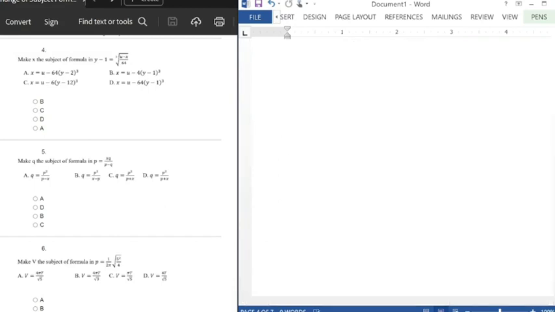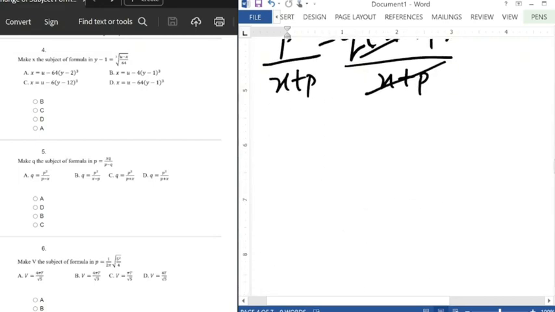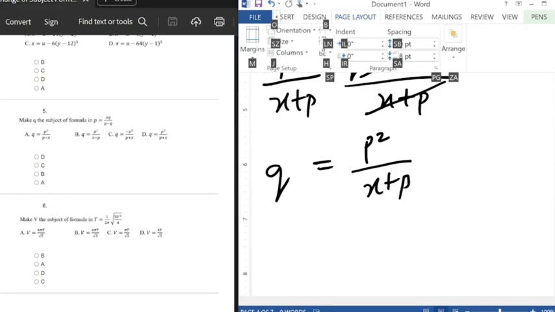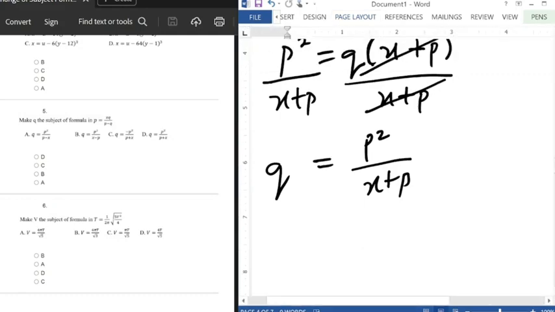So our answer, sorry for that, will then be Q equals P squared all over x plus P. The answer here is option D, which is P squared all over P plus x, which is same as x plus P. So right, that is the answer there.